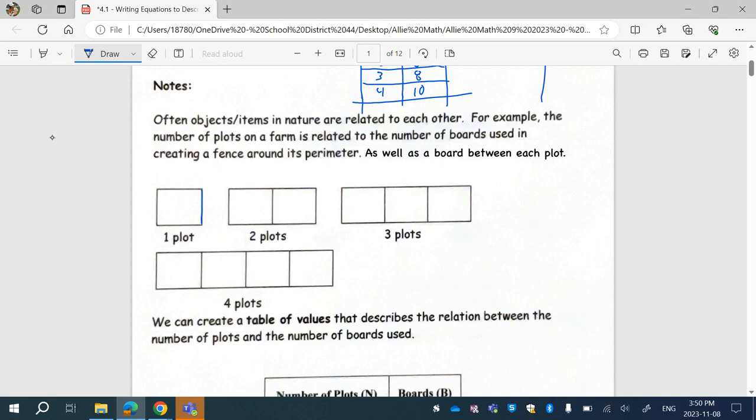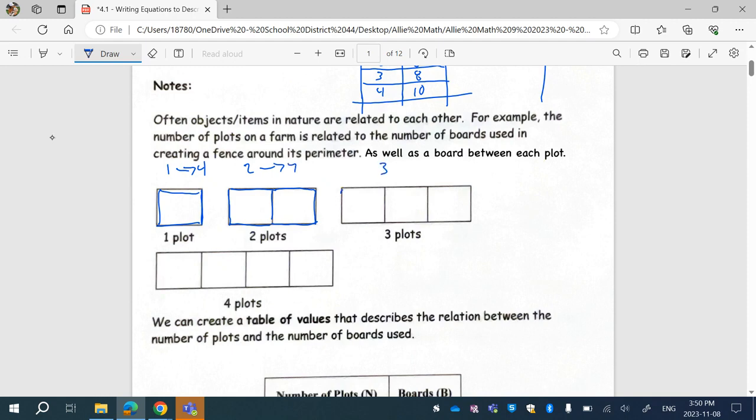So this first one, if we have one plot, we can count the boards around it. 1, 2, 3, 4. So for 1, we would have 4. For 2 plots, let's count the boards. We would have 1, 2, 3, 4, 5, 6, 7. So for 2 plots, we would have 7 boards.